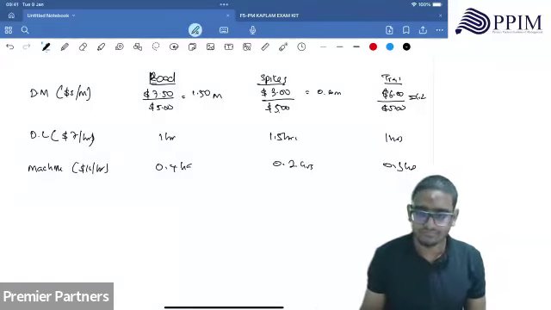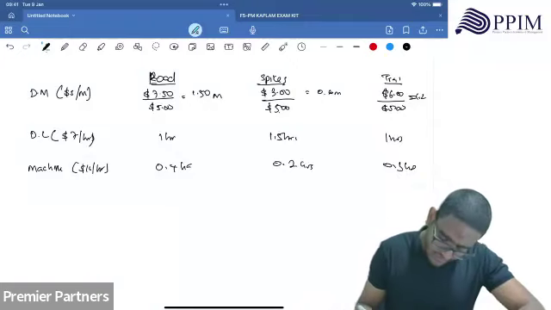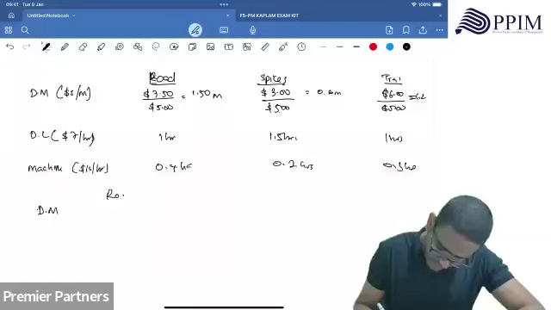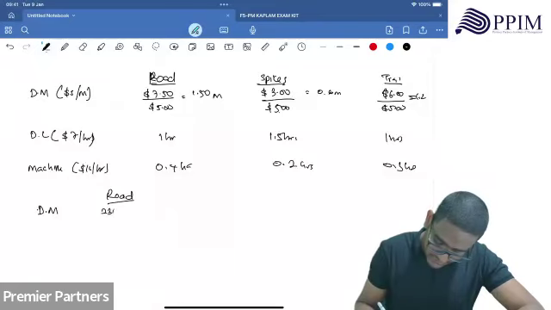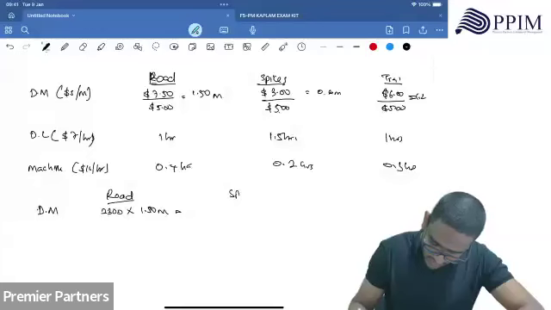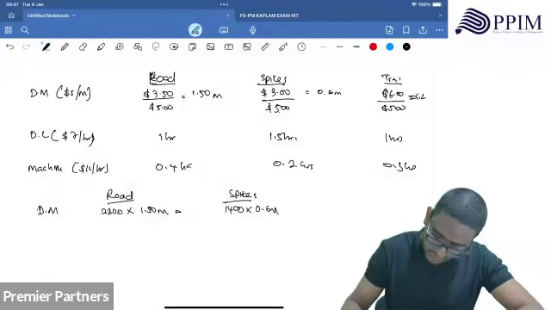What is your limiting factor? If you look at your limiting factor, take direct materials, take road, for example, you need 2,300 pairs into 1.5 meters, then spikes, you need 1,400 pairs into 0.6 meters.